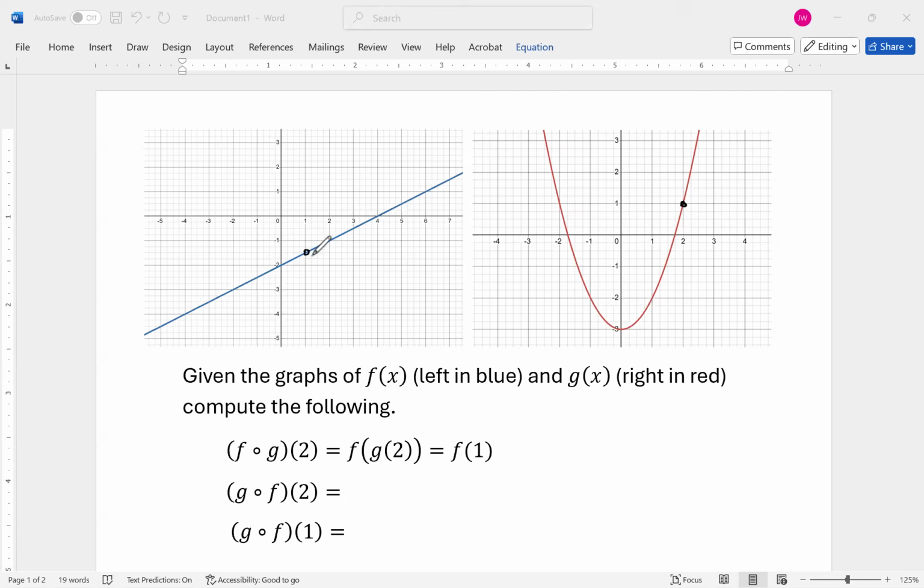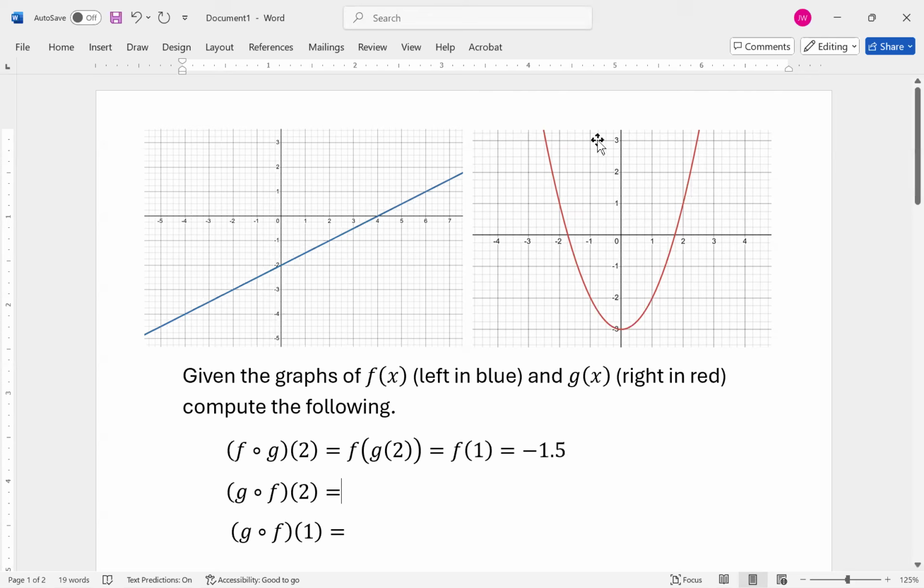And in fact, it is. So the point (1, -1.5) is on that graph of f. So that would be our first composition. f of g of 2 gives out a value of negative 1.5.